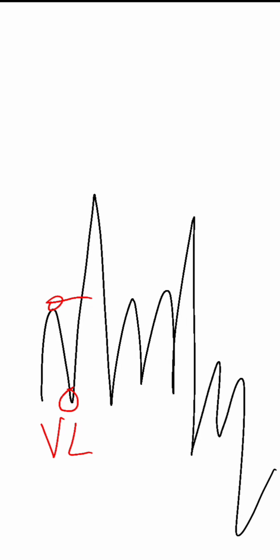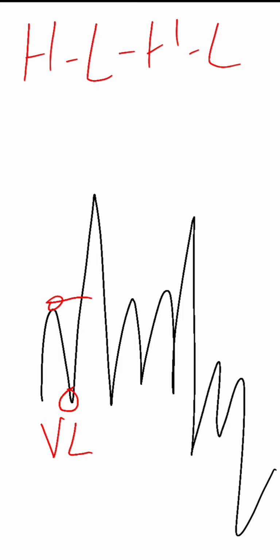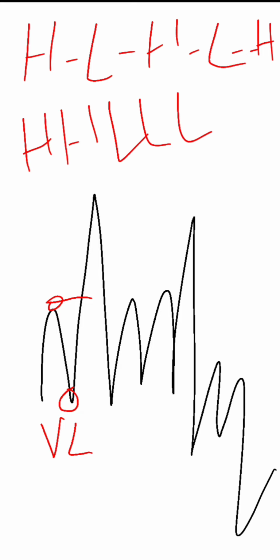So every chart is a combination of a high and then low, high, low, high. Chart sequence will be like this. No high, high, and then low, low, low. No. This must be one high, one low, one high, one low, one high, one low. Understand? So this is a valid low.